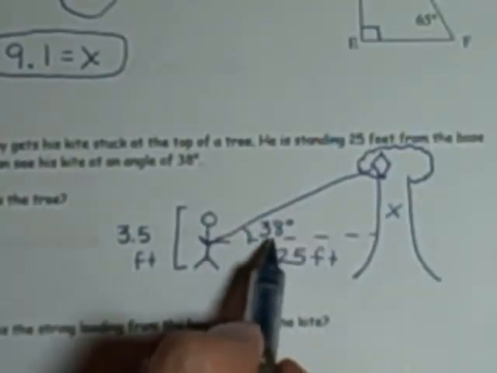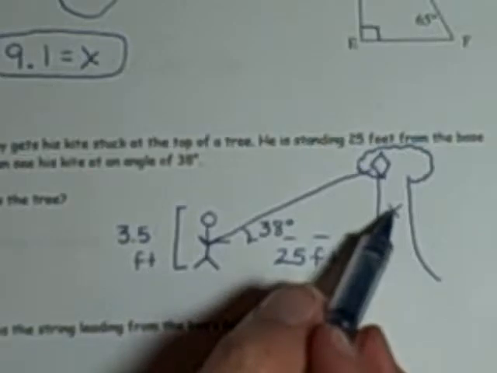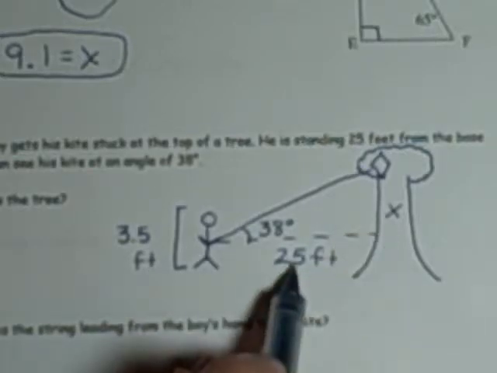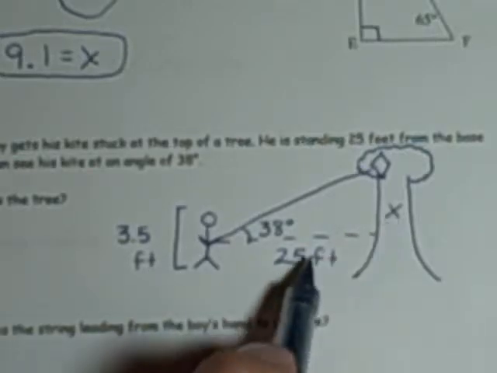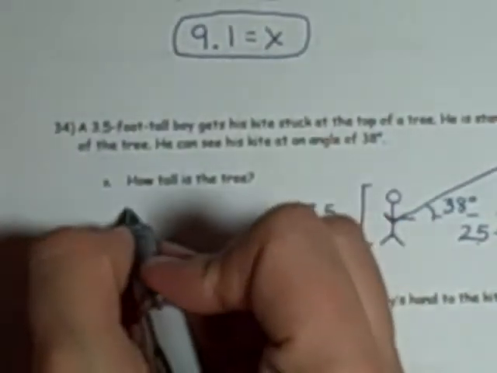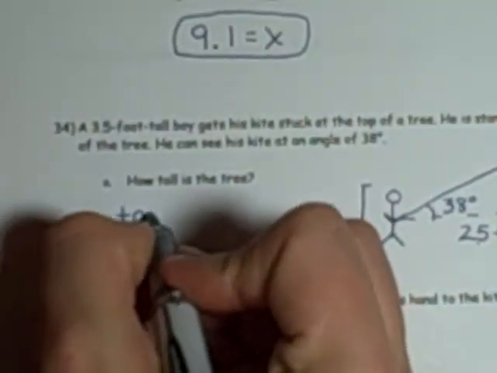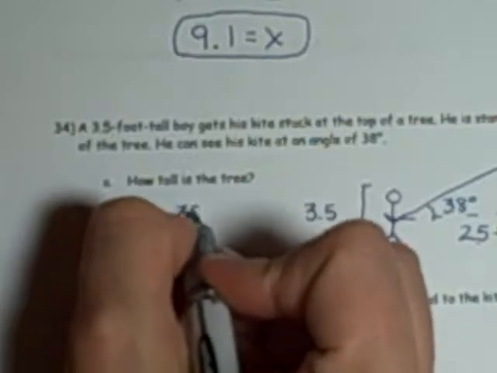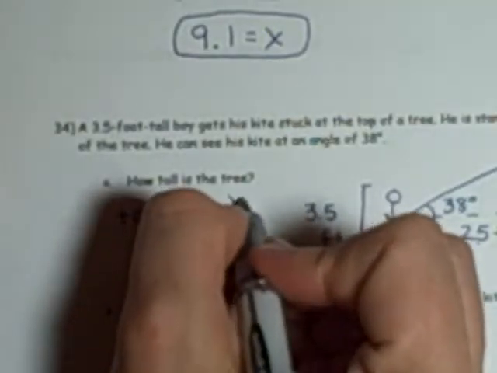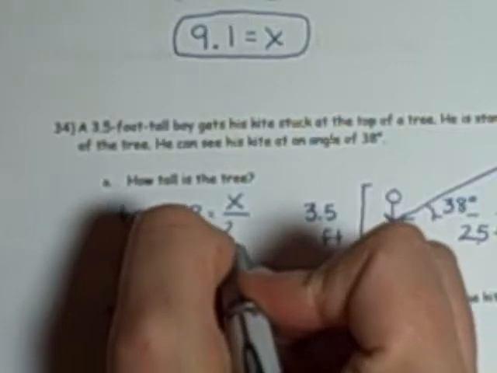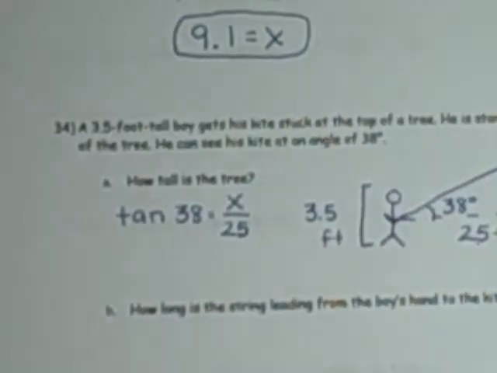So I'm going to put my x over here. And if this is my angle, that x is my opposite side, and the 25 is adjacent. So opposite and adjacent means that I'm going to be using tangent. So I would say tangent of 38 is equal to opposite, which was x, over adjacent, which is 25.